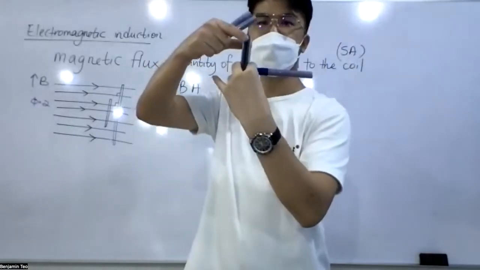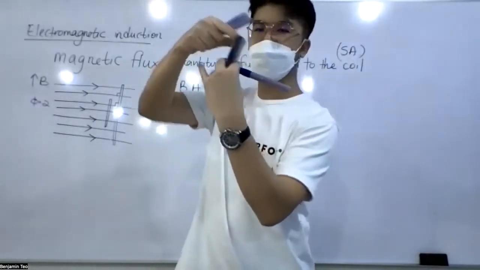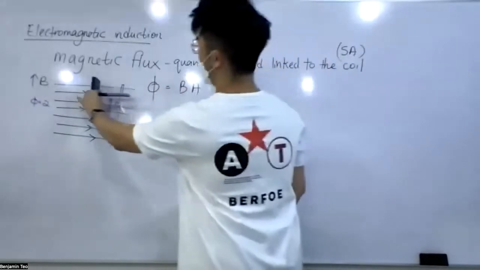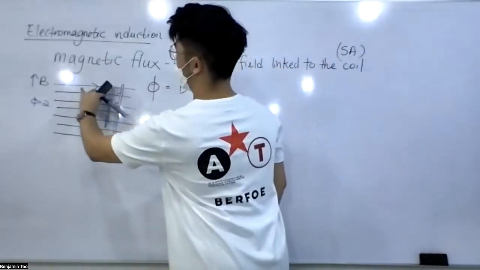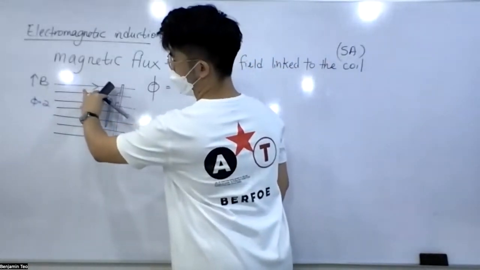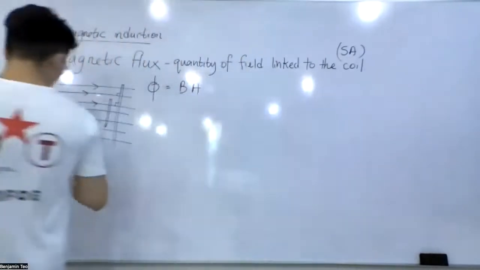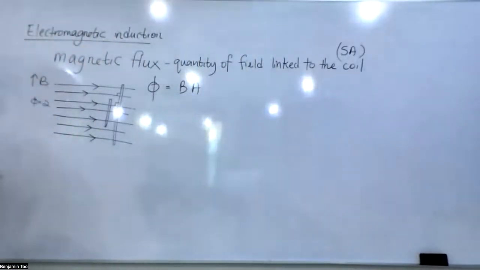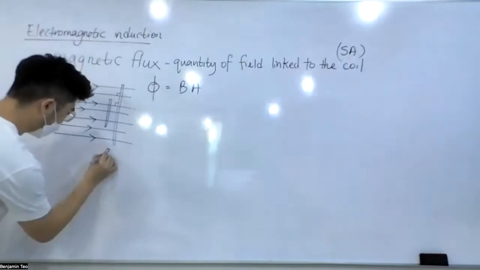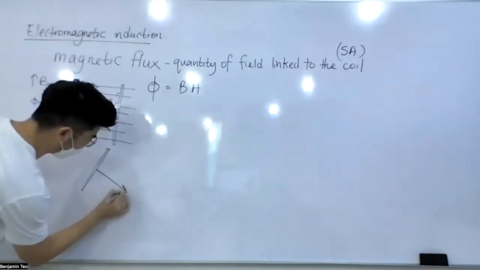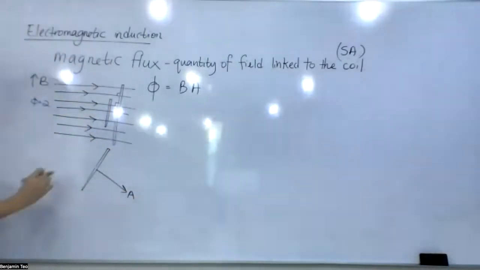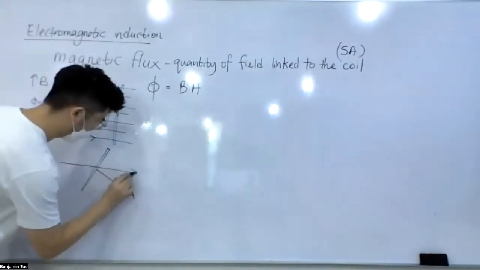Now, if I tilt the surface area like this, then the area vector is making an angle with the magnetic field, like this.